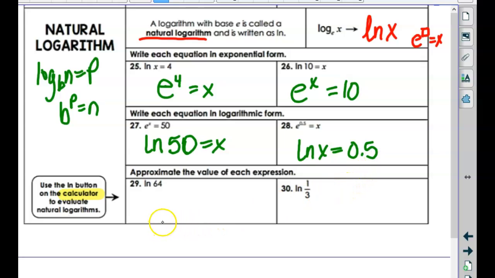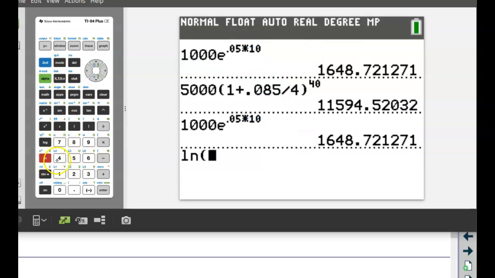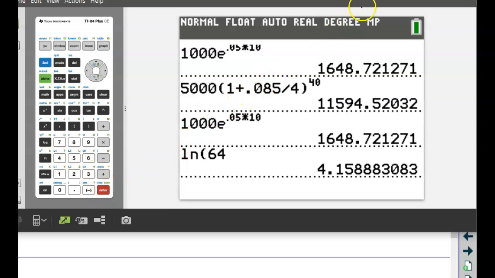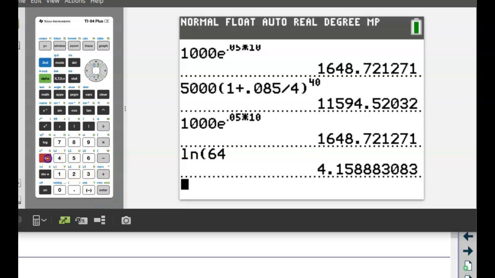Okay. These you've got to do on your calculator. ln 64. ln of 64 is 4.159. It doesn't say how many places. ln, everybody finding it?